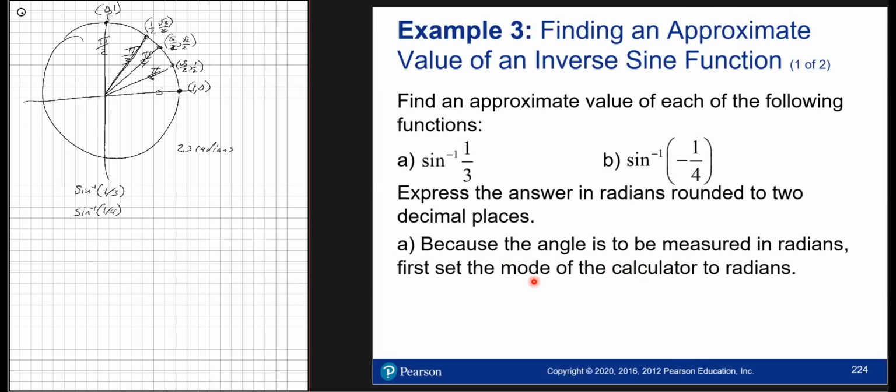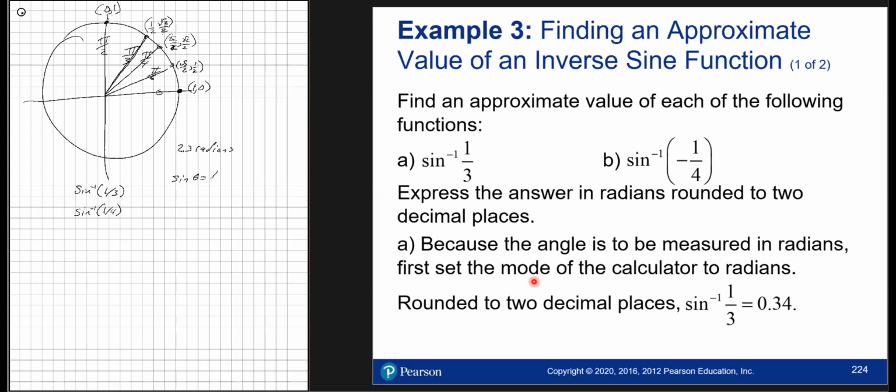So you'll get radians back. So I'm looking at the sine of what angle gives me 1/3. Well, that angle in this case would be 0.34 radians, or rad. You'd abbreviate it to rad.